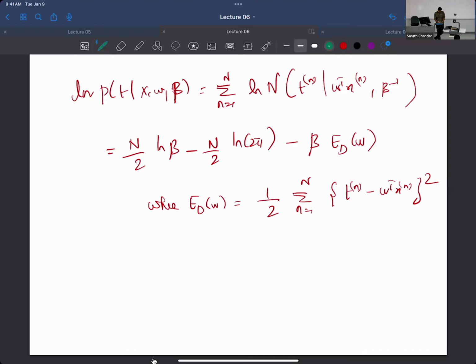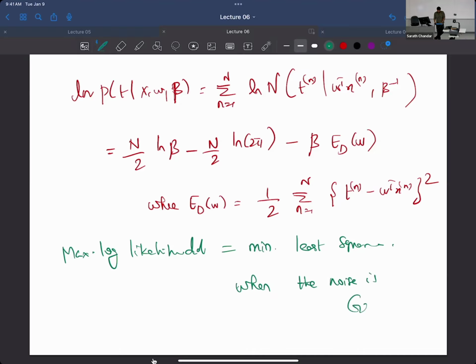If I have to write this down, maximizing log likelihood is equal to minimizing least squares. Well, that doesn't quite make sense, since least squares is already a minimization, so let's just consider least squares to be the name. So I'm minimizing least squares, but only when the noise is Gaussian. Is it clear?